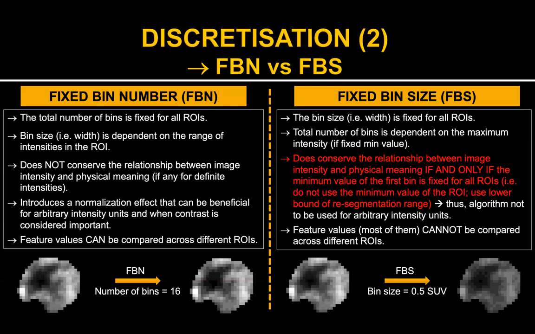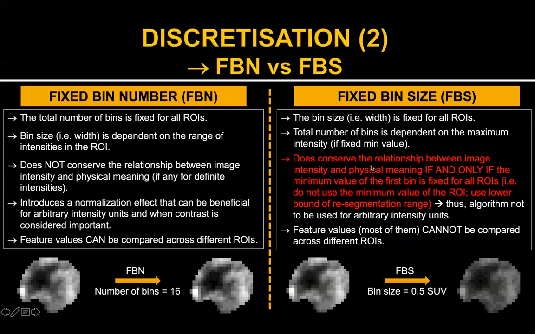So now the total number of bins becomes dependent on the maximum intensity that you have in your region of interest. So not all ROIs will have the same number of bins, but all the bin widths will be the same for all different ROIs, all different patients.